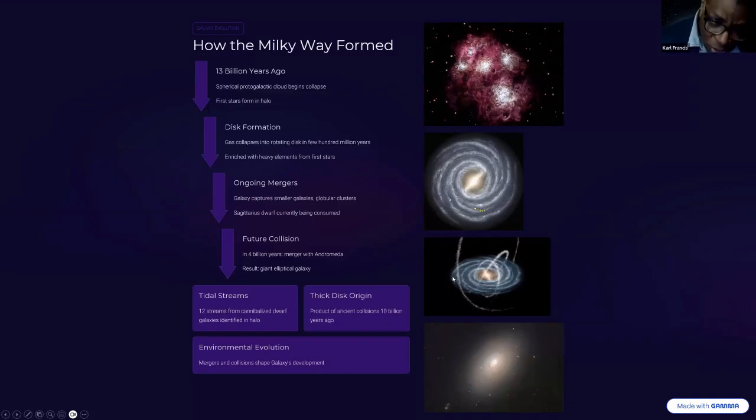These are called tidal streams, right? So it's a combination of the original proto-galactic cloud spinning into a disk, moving around, merging with other astronomical objects, right? And all of this came together to shape the galaxy that we see today.